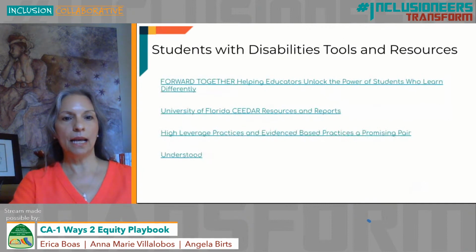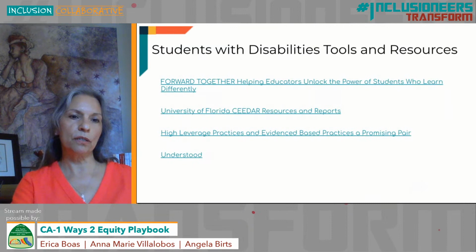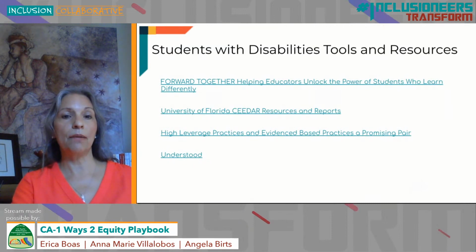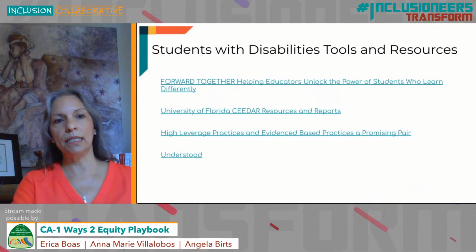On this slide, in particular, we have Forward Together, which helps educators empower students who learn differently, which is a very useful resource. But two resources that I highly recommend are the University of Florida CEEDAR resources and website. And on that website, they also have the high leverage practices, which recently came out of CEC.